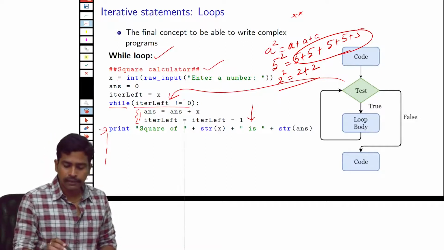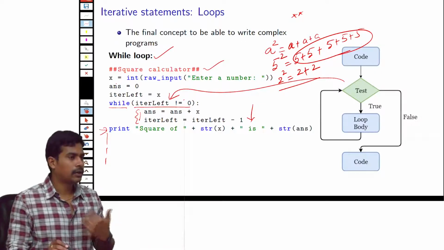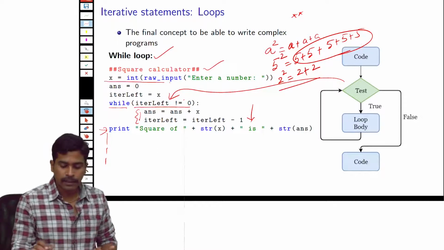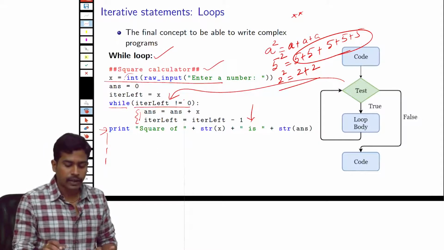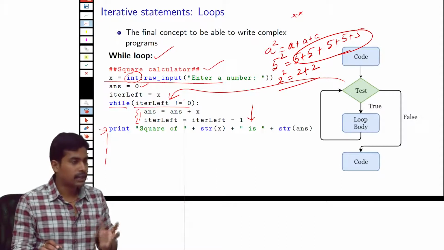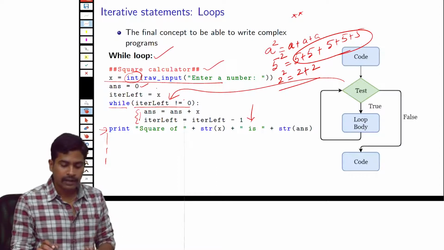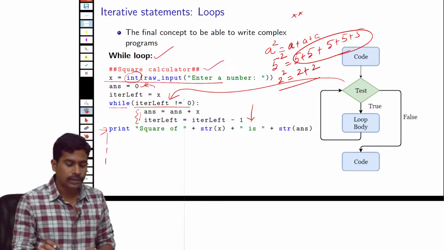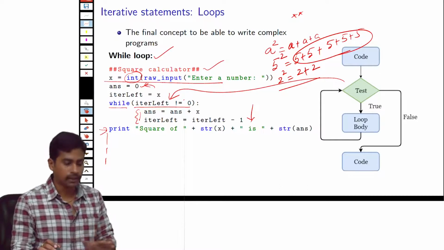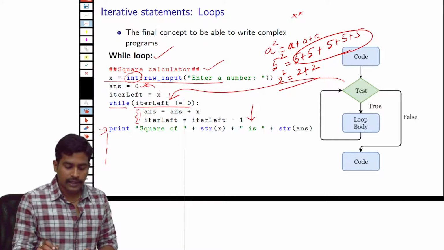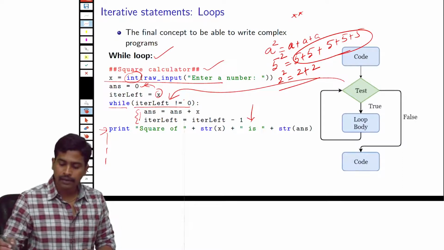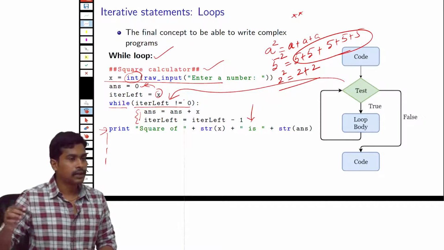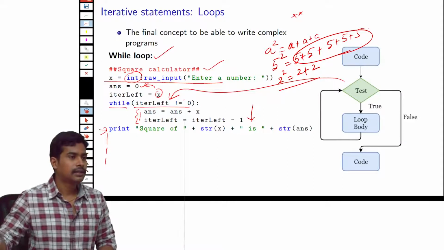Here initially we want to take the number whose square we want to calculate. So I use this command and convert it into an integer, and we have declared a variable answer to be 0 initially, and finally whatever the answer is, we are going to store in this. And for the number of iterations, as we have seen, if you want to calculate 5 square, it has to add 5 times. Similarly, if you want to calculate 10 square, you have to add the number 10 to itself 10 times.